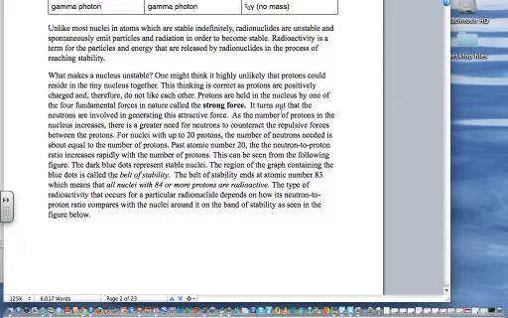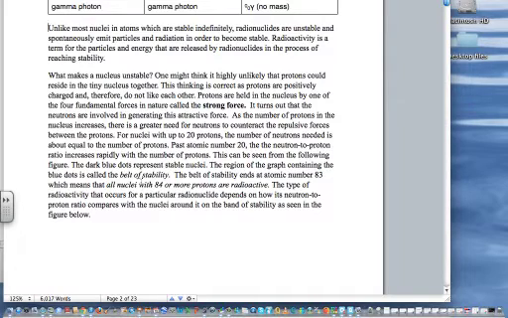As you get a larger number of protons, you need an even greater number of neutrons in order to counteract the repulsive forces between the protons. So we see that with atoms up to 20, about an even number of each gives us a stable nucleus. Past atomic number 20, the neutron to proton ratio increases rapidly, and this can be seen from this figure that I'm about to show you.